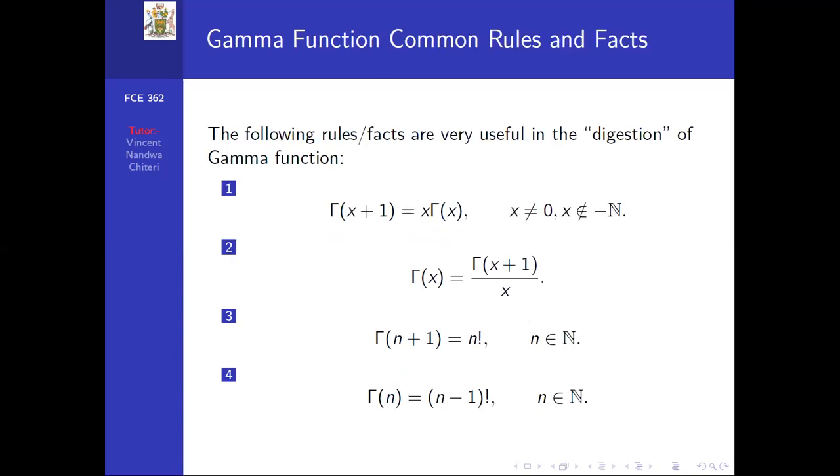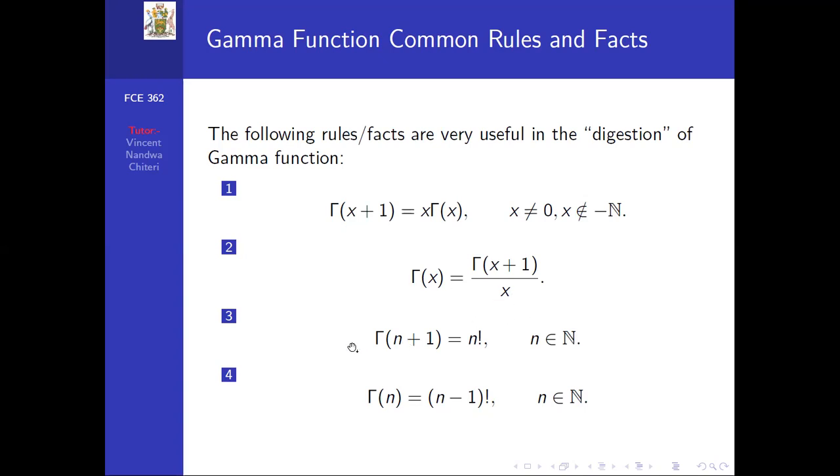And then common gamma function rules and facts. These rules or facts can help you to simplify some problems that involve gamma function. So we have gamma of x plus 1 is the same as x gamma of x. And from this same formula, you can make gamma of x the subject, and that will give you gamma of x plus 1 divided by x.